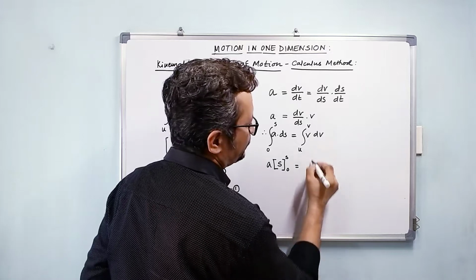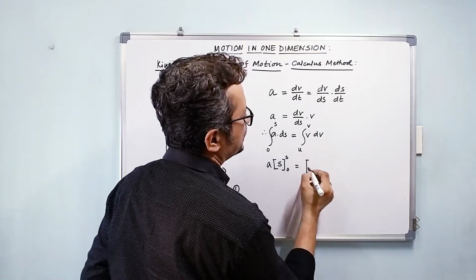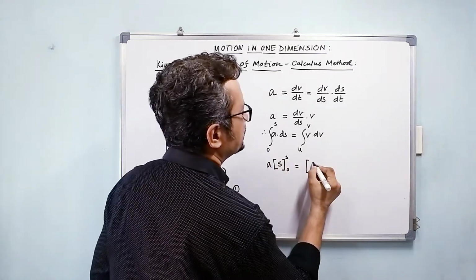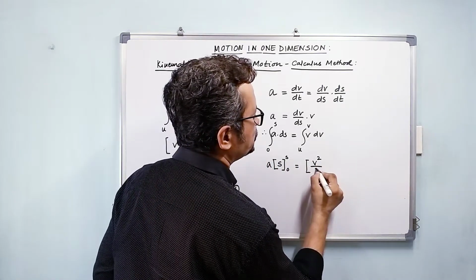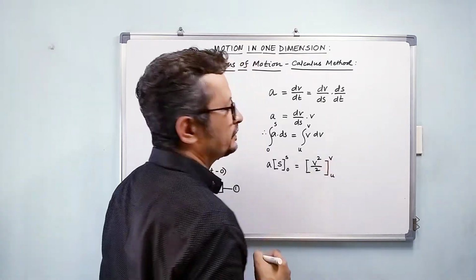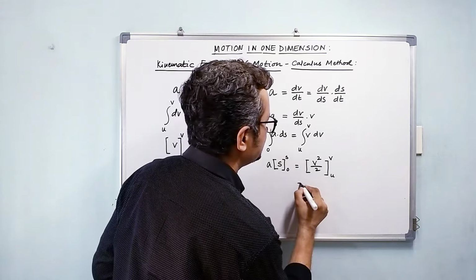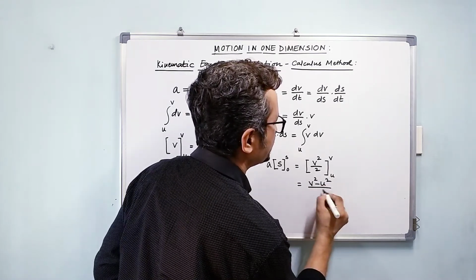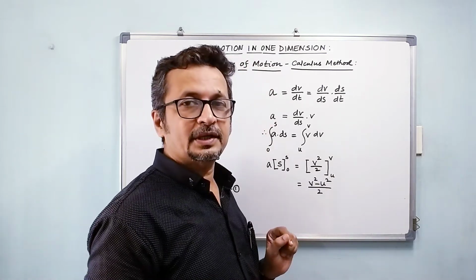So it is a into s, from 0 to s. This is equal to the integral of v dv. V raised to power 1 becomes v raised to power 1 plus 1, that is 2, upon 2, from u to v. So this is going to be v square minus u square upon 2 when I substitute the lower and upper limits.